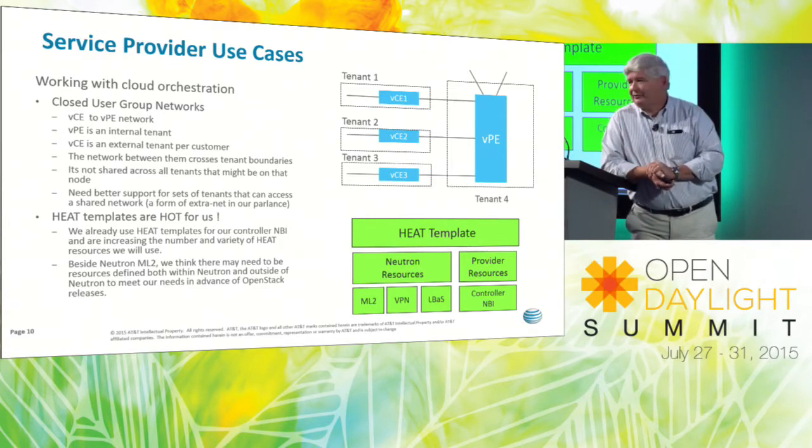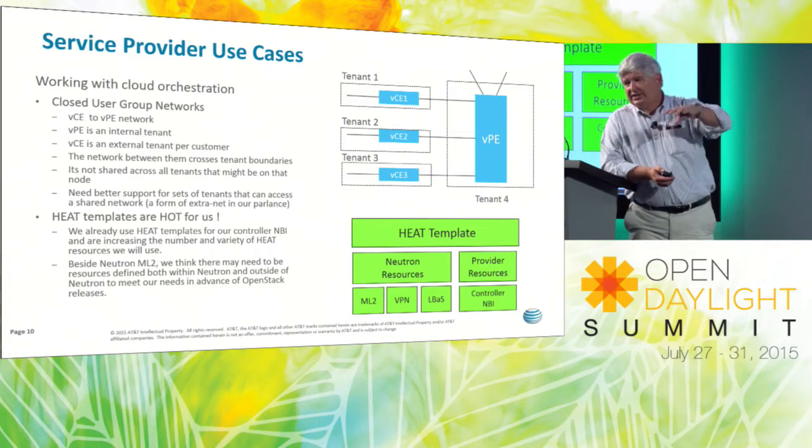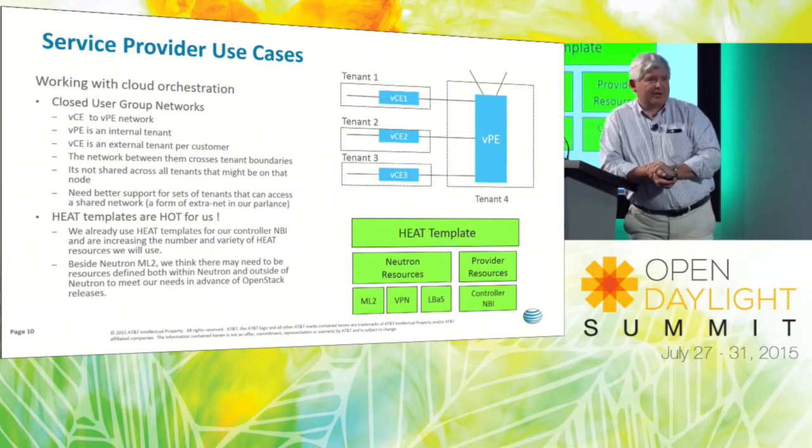We really need to have closed user group capability in the networking. And we think ODL, in partnership with OpenStack, really needs to help us get to that kind of interaction and data model, et cetera, for these kinds of closed user group tenant capabilities.